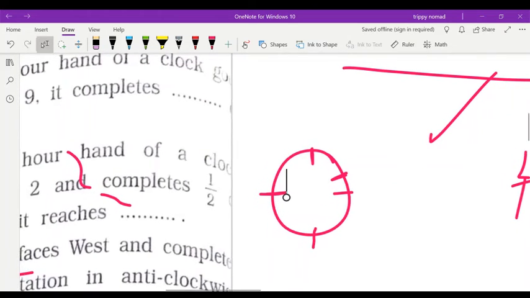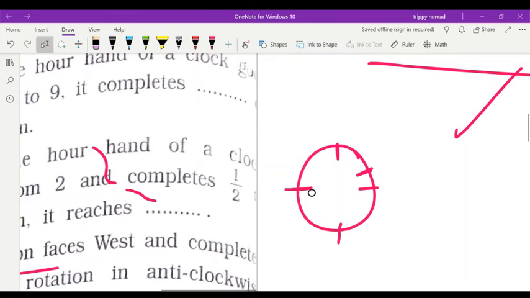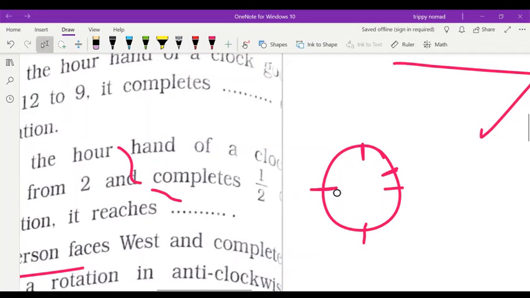Understood? Here it will reach before 9, because half rotation means 180 degree angle, so it will reach up to 8.